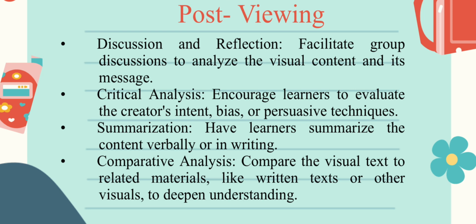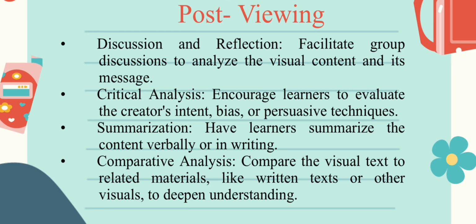Prompt students to reflect on key themes, messages, or emotional responses from the visual text. For instance, what is the main message of this visual? How did the imagery make you feel?